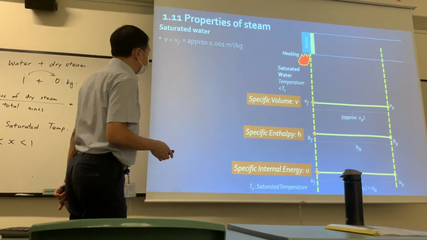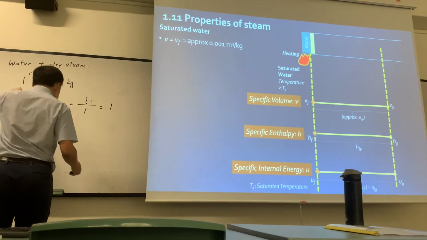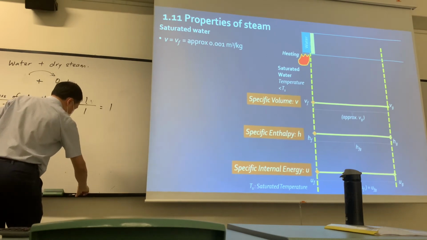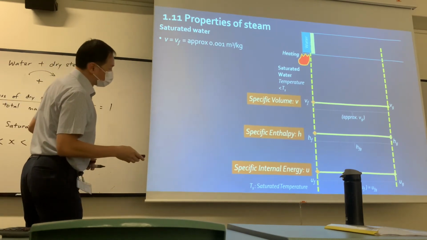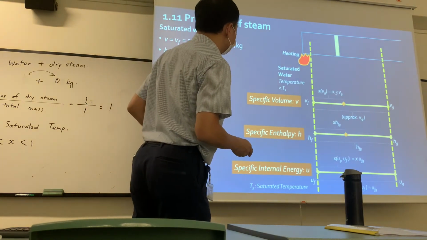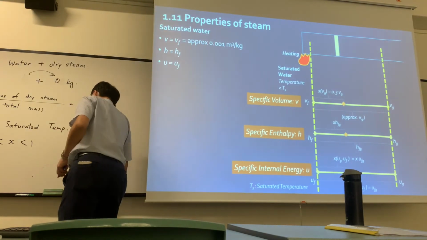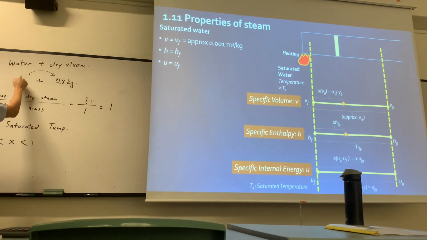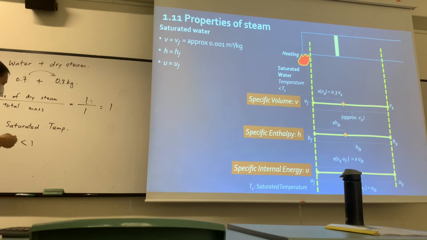Now you start to form steam. So 1 kilogram of water, let's say 0.3 kilogram of steam has formed already, so you have remaining 0.7 kilogram of water.